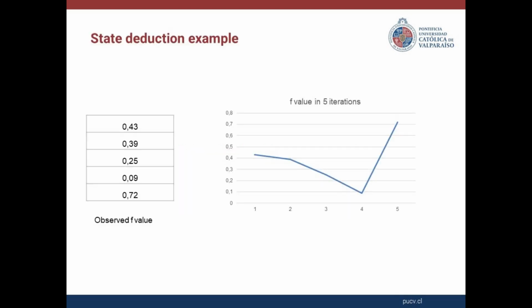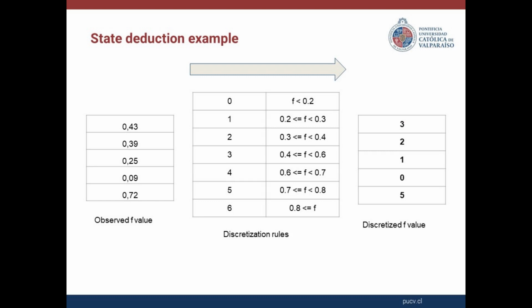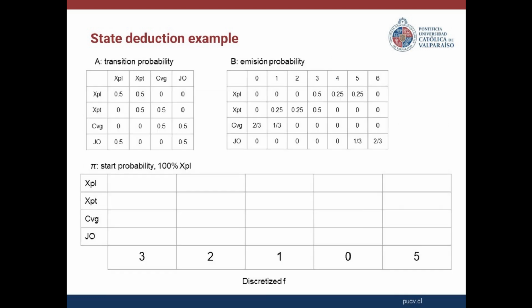First, we have some evolutionary factor data calculated for 5 iterations. The version of Hidden Markov model we use requires discrete observation values, so we transform the values according to the table on screen. The Hidden Markov model has 3 parameters.